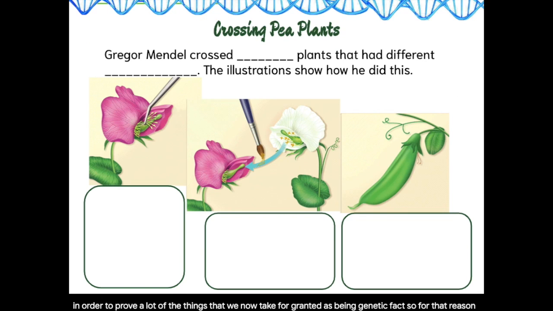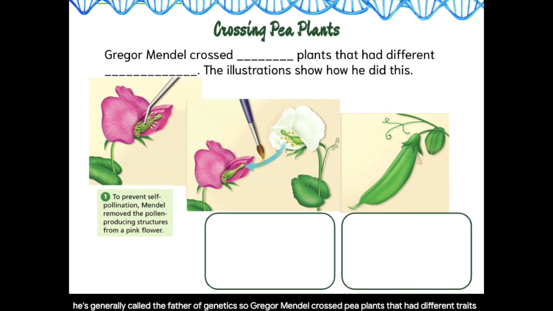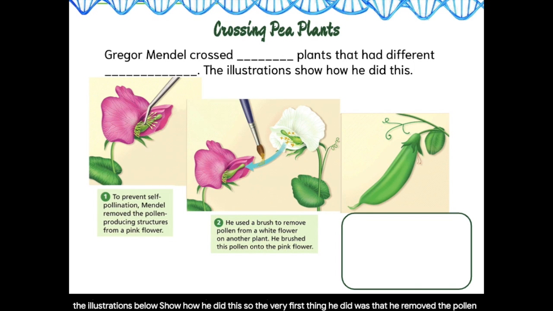So, Gregor Mendel crossed pea plants that had different traits. The illustrations below show how he did this. The very first thing he did was remove the pollen producing parts of the pink flower, and then he collected the pollen from a white flower on a paintbrush and used it to paint onto the female parts of the pink flower, so that he could have an official cross.